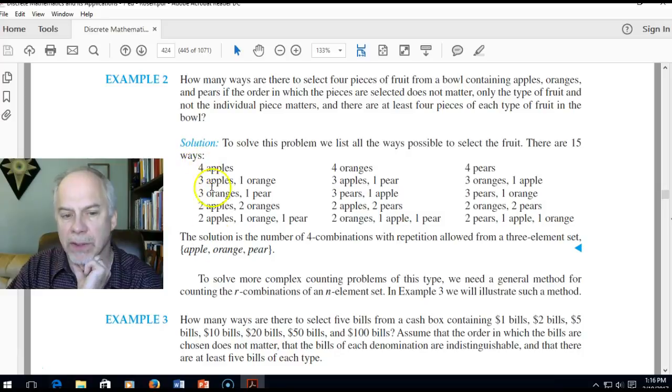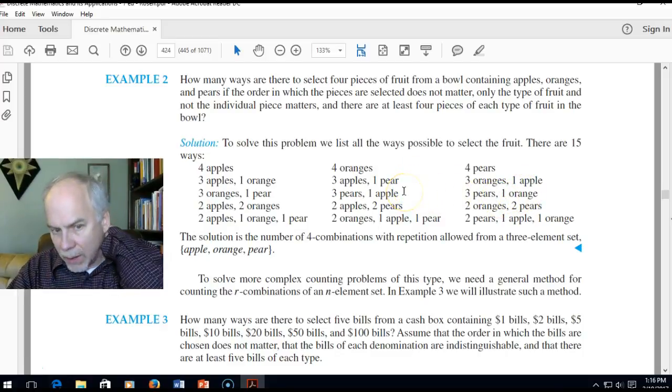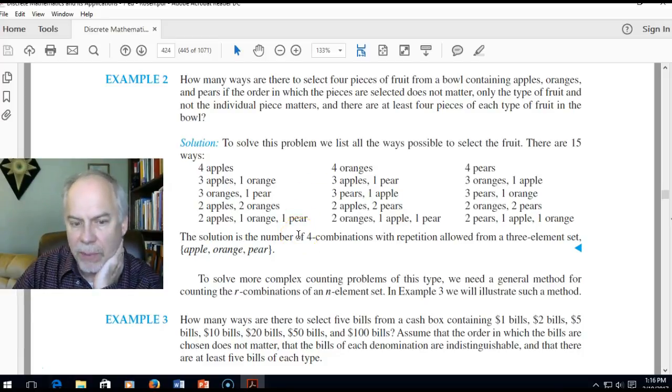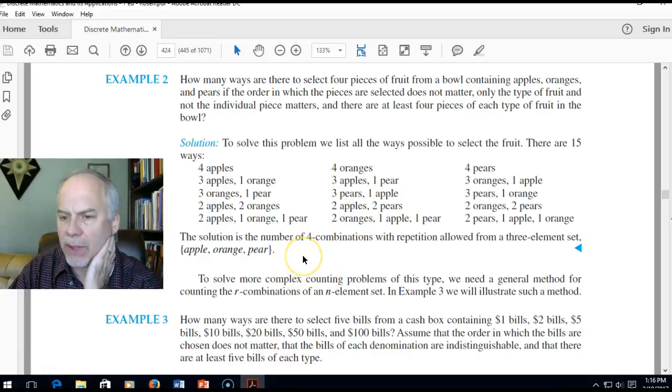You can see the columns that were done: 4 apples, 3 apples and an orange, or 2 apples and 2 oranges, or 2 apples, 1 orange and a pear. You can see how they did it down the line. As long as you list all the possible ways, there's not really a formula that makes sense here, but there's a total of 15 ways.